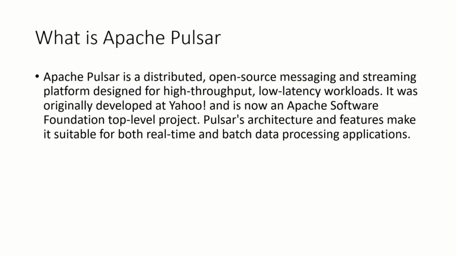So Apache Pulsar is a distributed open source messaging and streaming platform designed for high throughput and low latency workload. As the name suggests, it is a messaging and streaming platform, and it is distributed in nature and it is open source.